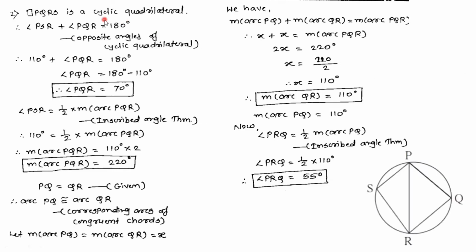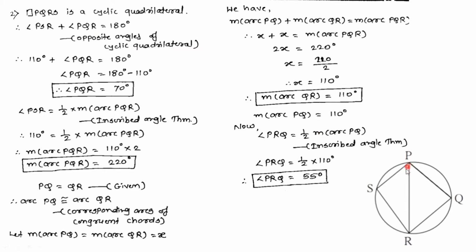To solve this, we start with the fact that quadrilateral PQRS is a cyclic quadrilateral. As you can see, all the vertices of this quadrilateral are on the circle. That's why this is a cyclic quadrilateral. And we have the property of a cyclic quadrilateral that opposite angles are supplementary. That's why angle PSR plus angle PQR is equal to 180.